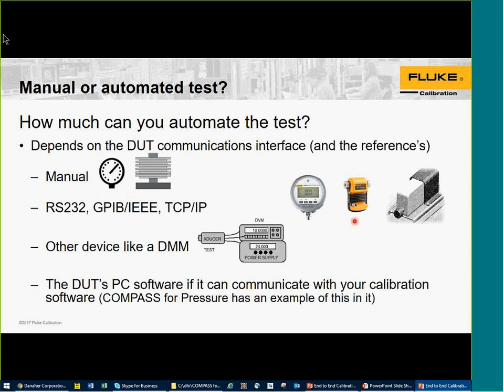So that macro is using an ActiveX or object-based software to communicate with that other software. That example is already in Compass, and there's an example in the Compass macro editor and the example DUT setups of an object-based DUT.